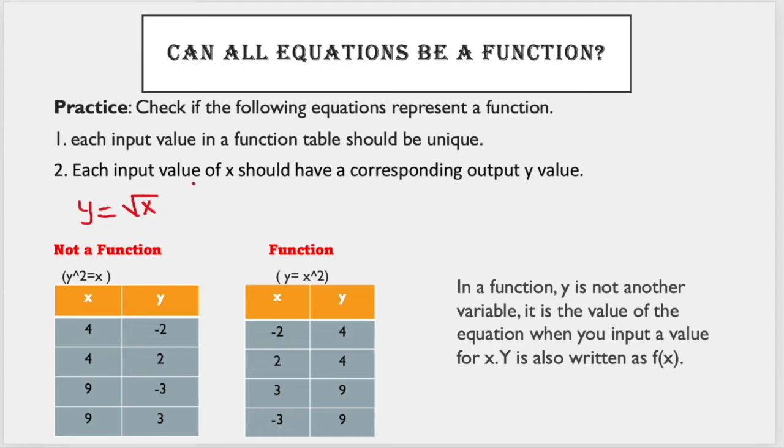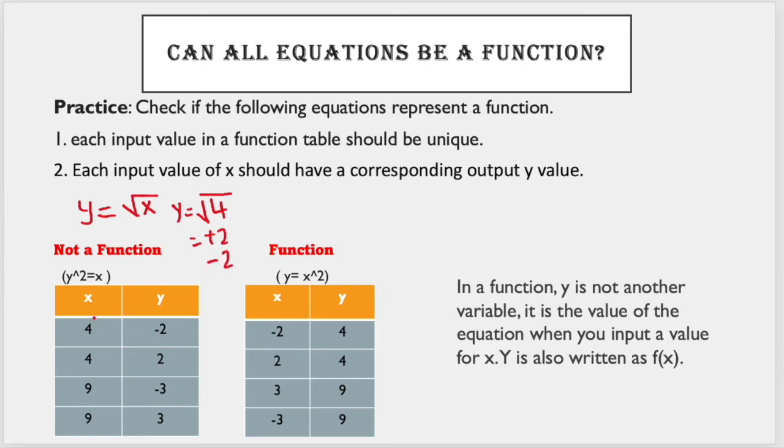Let's say, for example, let's input 4 for x. So what would be the value of y? It would be the square root of 4. So it could be plus 2 or negative 2.